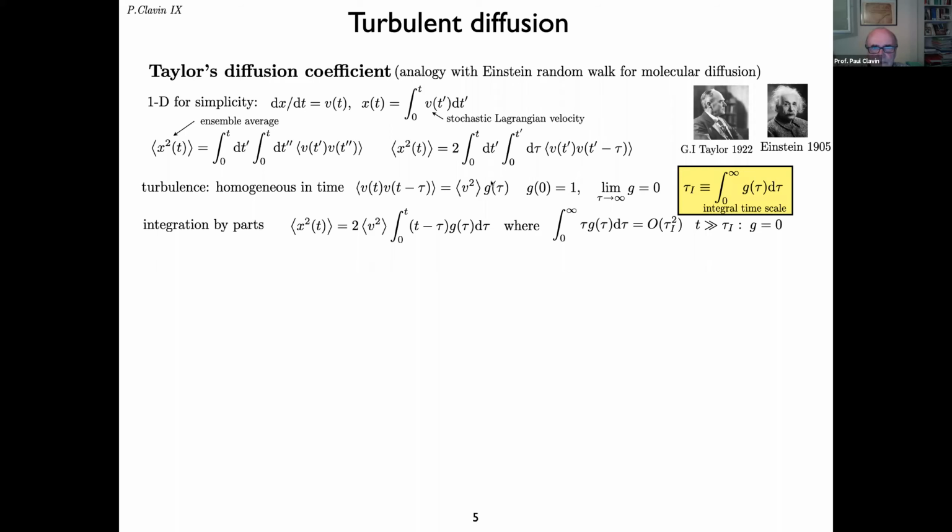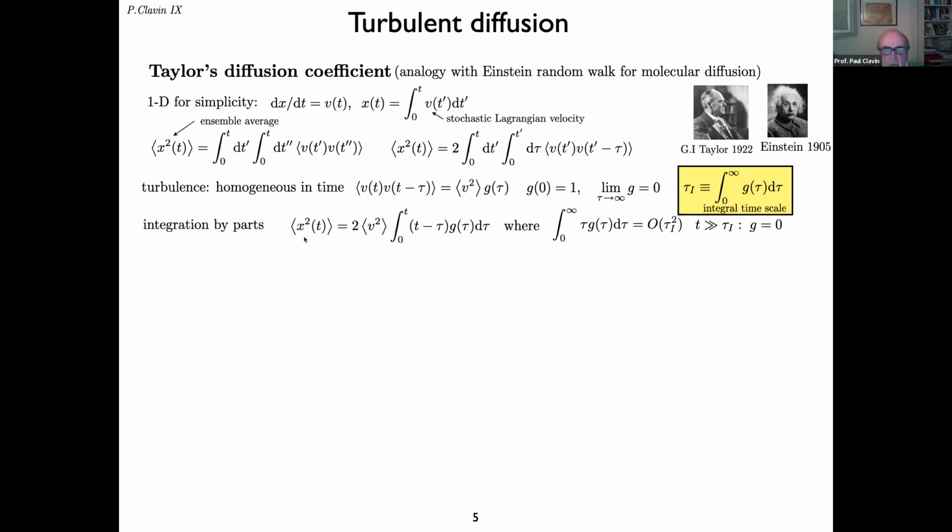G is called the structure function of the turbulence, and this divided by the average of the square is called G of tau, and this G is usually a monotonous, decreasing function of time. Using an integration by parts from this equation, you obtain this form here for the quadratic displacement of the passive contaminant.